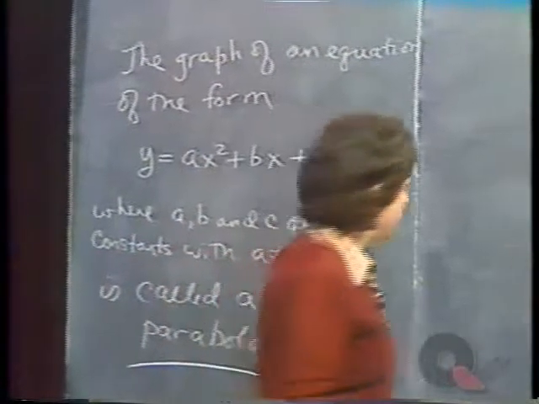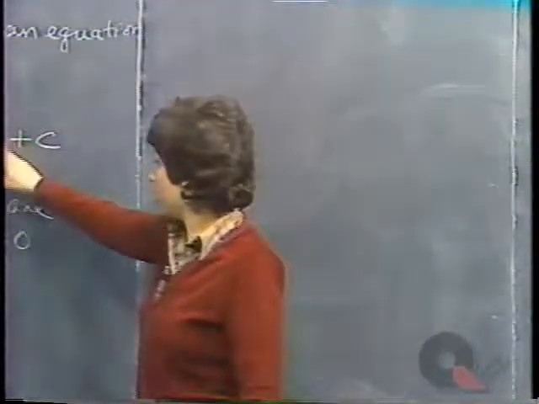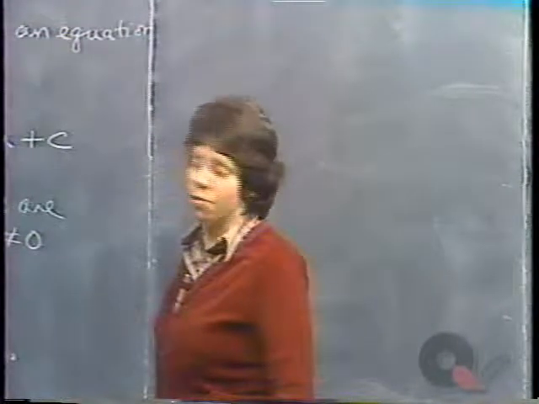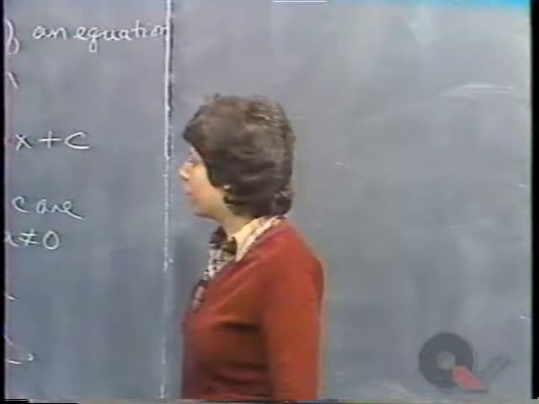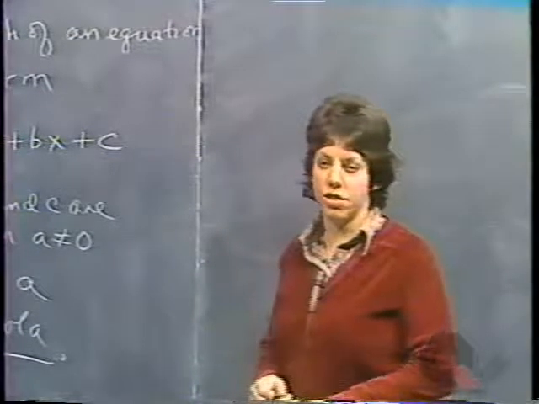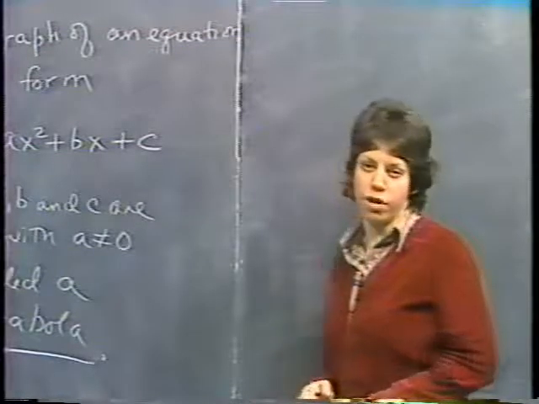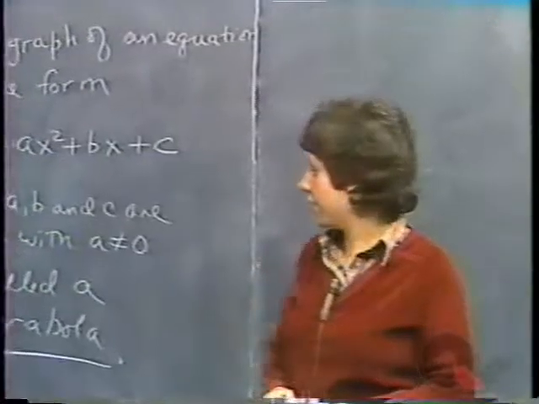Now, the key to graphing parabolas of this form is to get the x and the y intercepts of this curve. You'll remember that the x-intercept of a curve is the x-coordinate of the point where the curve crosses the x-axis, and the y-intercept is the y-coordinate of the point where the curve crosses the y-axis.